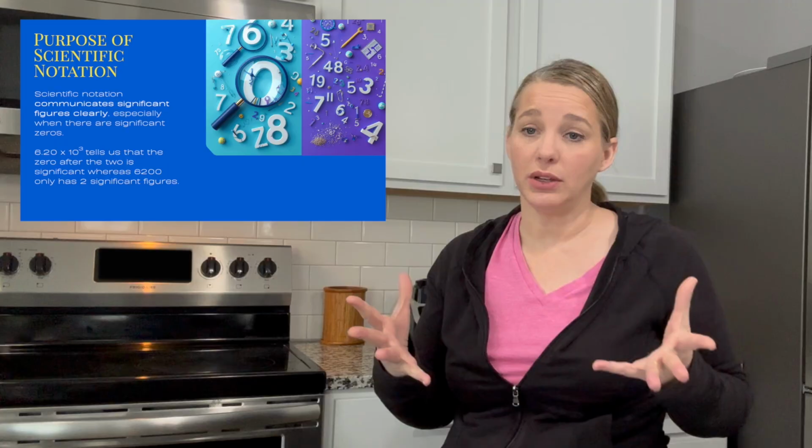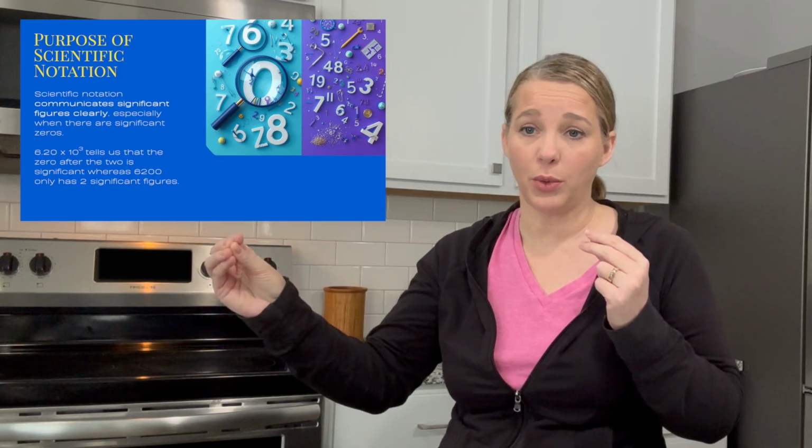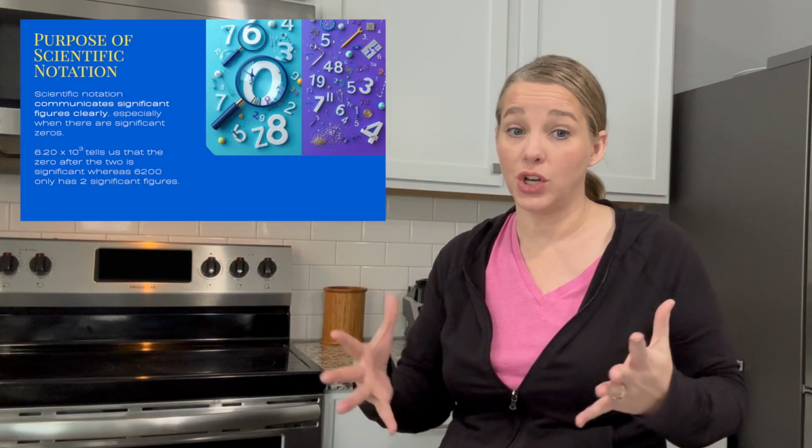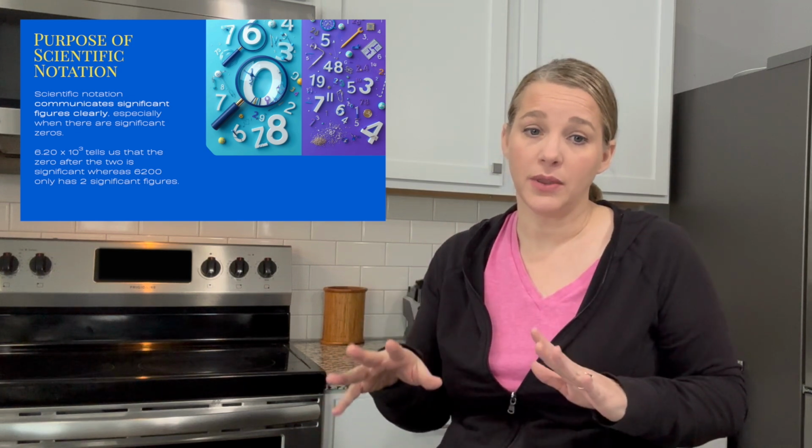Based on our rules of significant figures, that would mean we only had 2 significant figures, only the 6 and the 2, because the 2 zeros following have no decimal point after them. But we want to show that 6, 2, and the 0 are all significant. So we write it that way, and that actually tells us we have 3 significant figures.